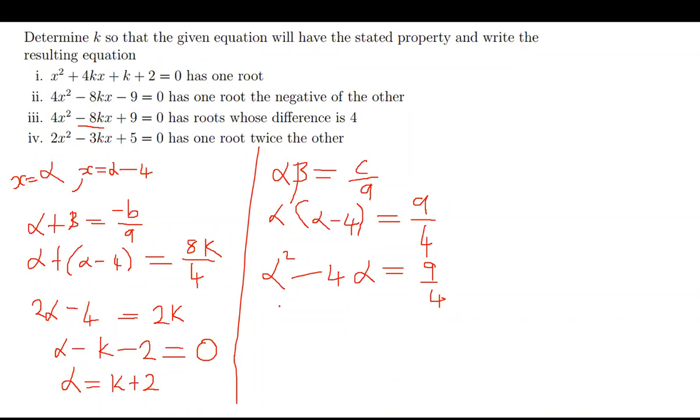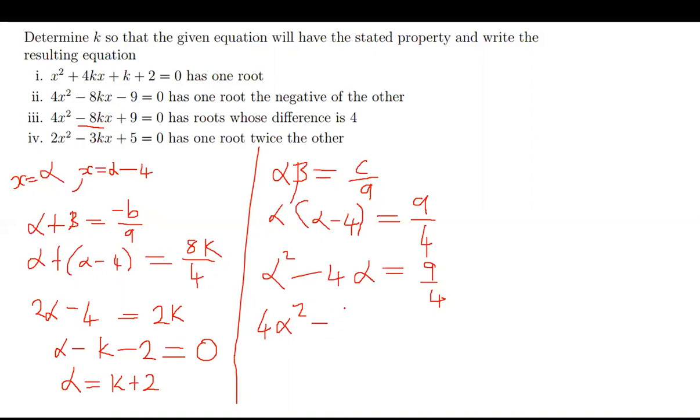Or actually, if you want to simplify things, I think just find the value of alpha by factorizing this equation. So let us try to do that. When we multiply through by 4, we're going to have 4 alpha squared. When we find the value of alpha by factorizing this equation, we come and put it here, and then we're going to find the value of k.